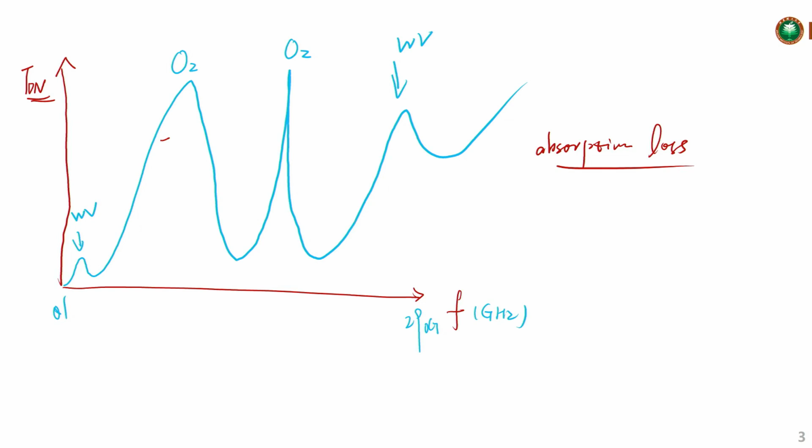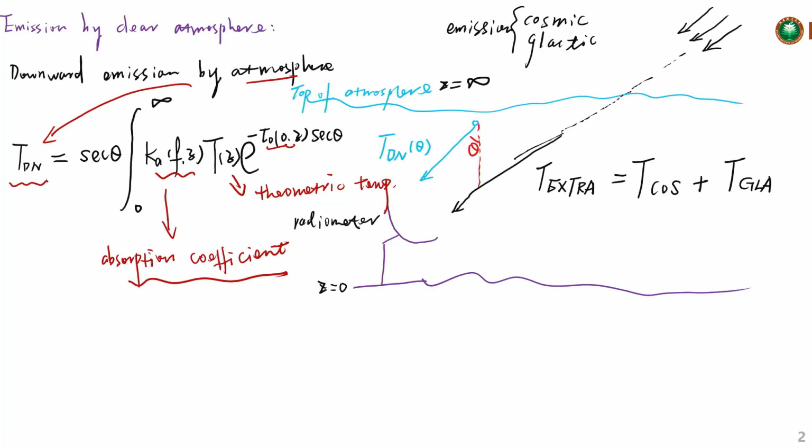Now, let's come back to this one. If we want to calculate the total emission detected by the radiometer, it can be expressed as the downward emission by the atmosphere, plus the cosmic emission and the galactic emission, both of them together.